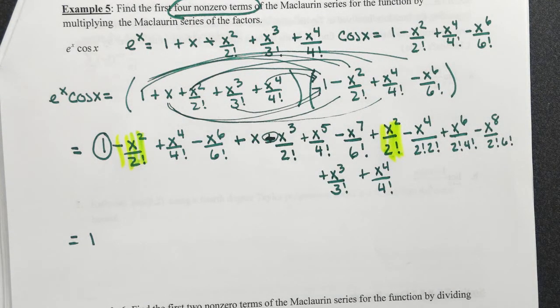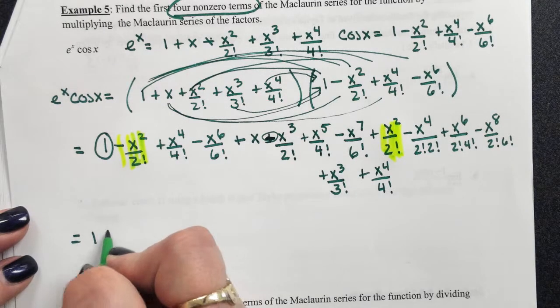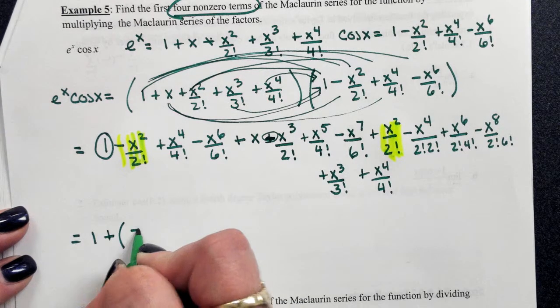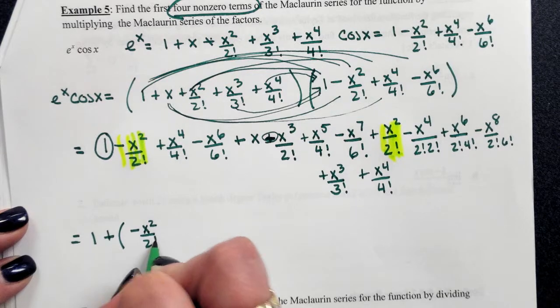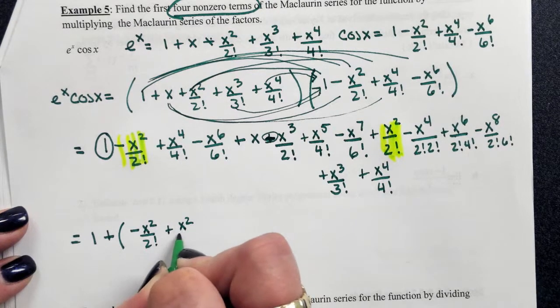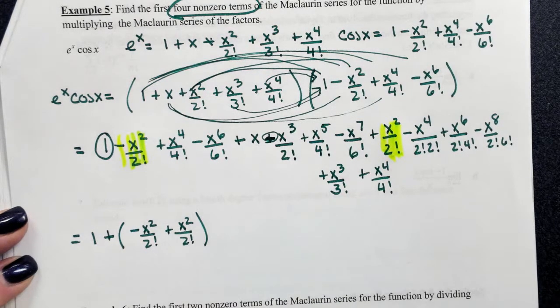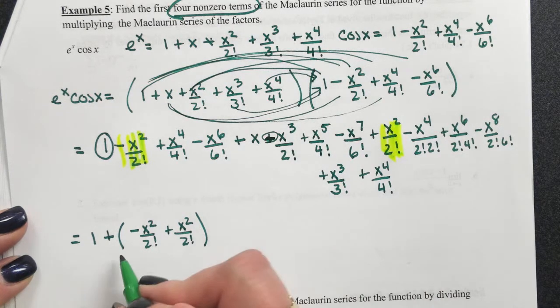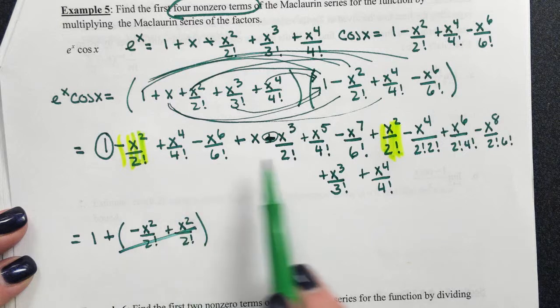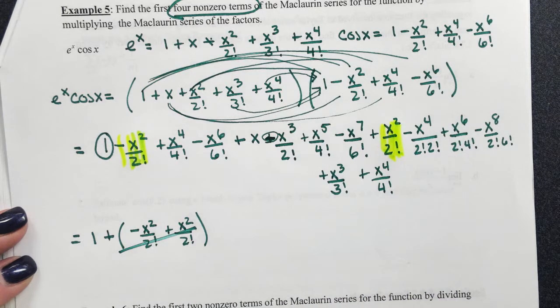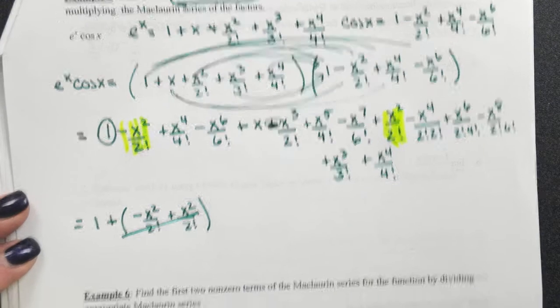Now, when you're doing these, you don't have to worry about getting common denominators and combining them into one fraction. Group just your like terms together. So I'm going to take 1, add it to negative x squared over 2 factorial plus x squared over 2 factorial. But I got a problem, don't I? What happens with those? They cancel out. So I can't include that as one of my first 4 terms.